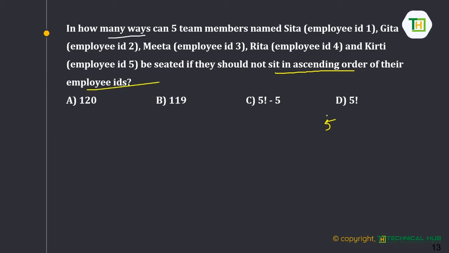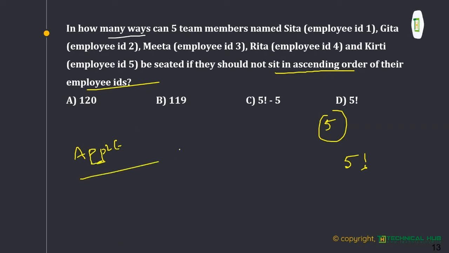So total 5 persons are there. How many ways you can arrange those 5 persons? Your answer is 5 factorial. If we take the 5 letter word APPLE, how many ways can you arrange it? Here a common letter P is repeated, so better to take another word.